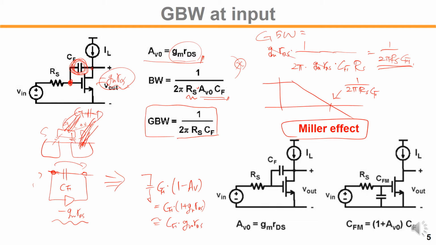For example, if you want to find the equivalent capacitance considering this kind of negative gain, we apply a test voltage and test current here and measure the ratio between current and voltage. If this is VT, then we have a voltage amplifier here. The other side node voltage will be minus GM RDS, let's make it AV, so AV times VT.